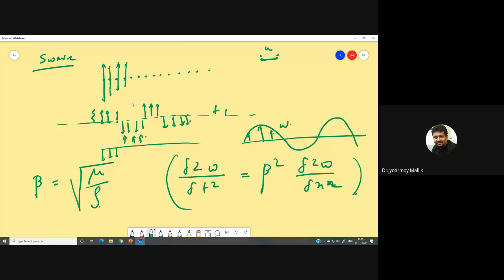And hence, the S wave cannot propagate through liquid or gas. Okay? And that is something we fundamentally established, how we can use the propagation of P wave and S wave to understand the internal structure of the Earth, if you remember. We said S wave can propagate through mantle, but it cannot propagate through outer core.